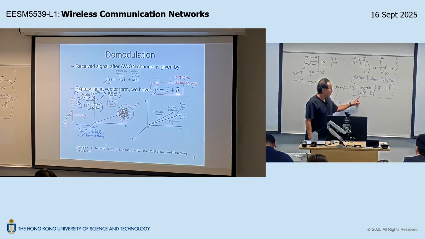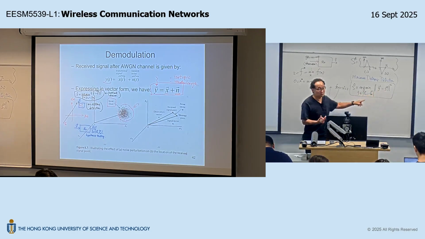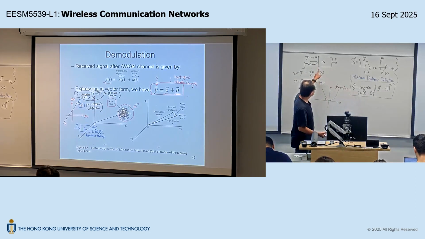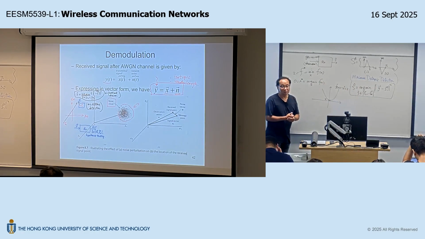Okay? And then I'm not interested in the minimum distance value. I'm interested in the hypothesis that achieved the minimum distance. That means I'm interested in the minimizer. The minimizer will be the output of the receiver. So that's what this equation tells us. Is that okay?